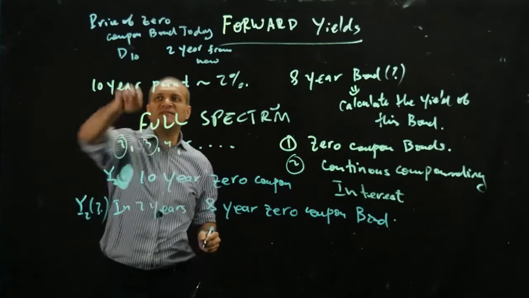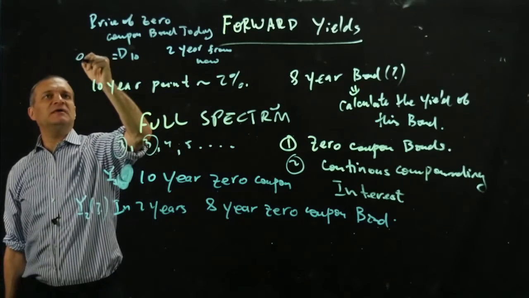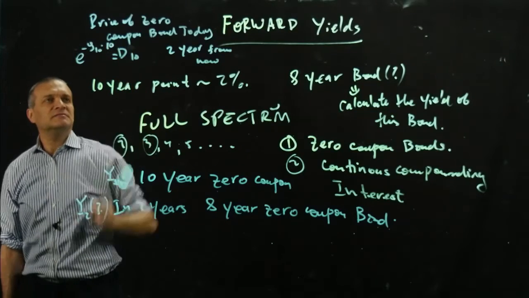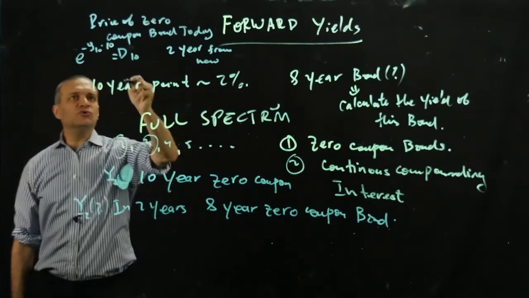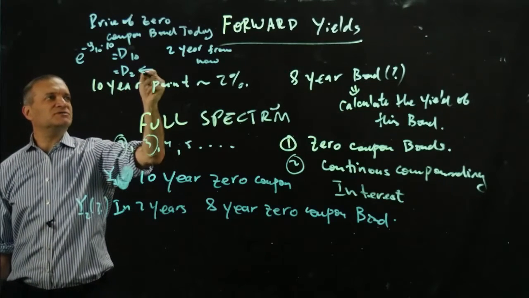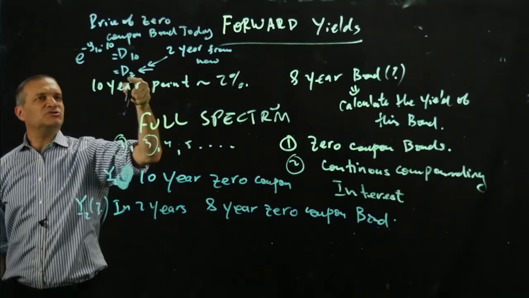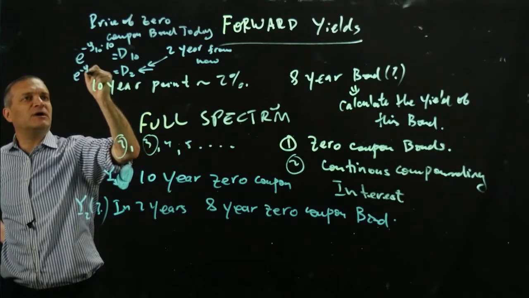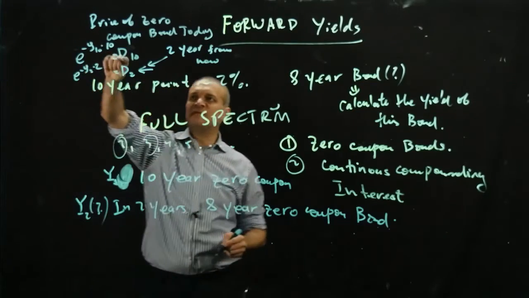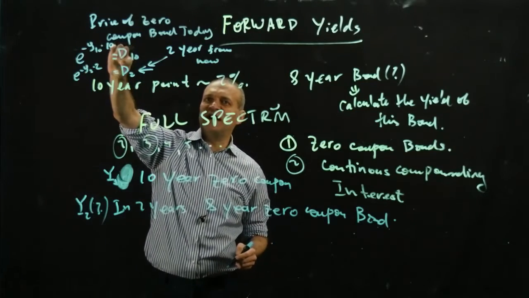If D10 is going to be e to the minus y10 times 10, and D2, the price of a zero coupon bond today which matures in 2 years, is going to be e to the minus y2 times 2, you know what will be the price of this bond 2 years from now.